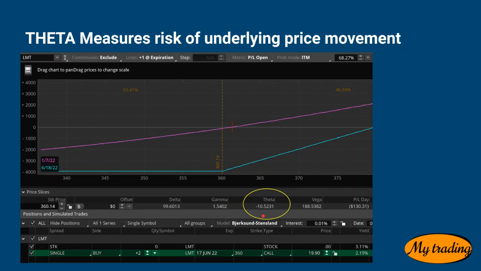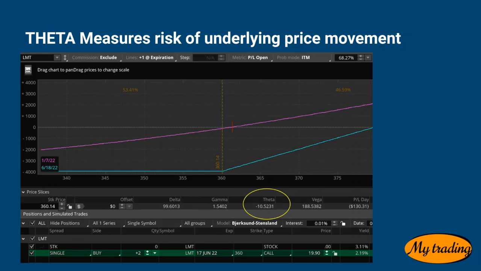Now, I will tell you up front that when I create a position for myself personally, probably 95 percent or more of the time, I create positive theta positions.